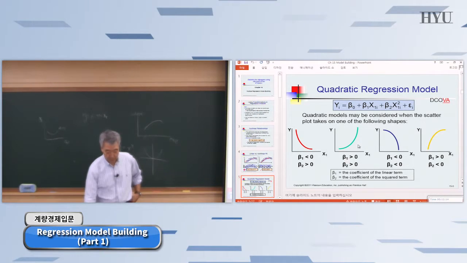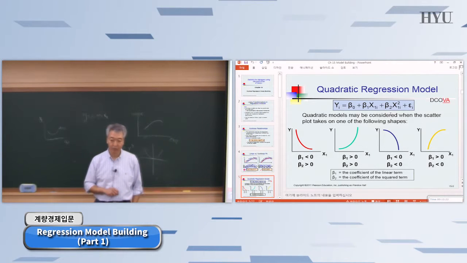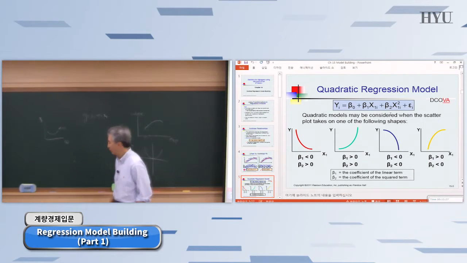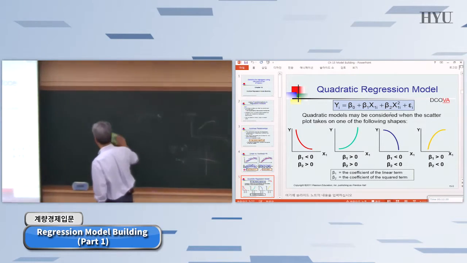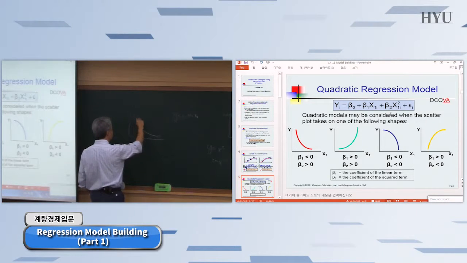However, this beta 2 shows the slope of a slope. If you have this kind of relationship, overall there is a downward sloping relationship between y and x1, but that slope is not constant.